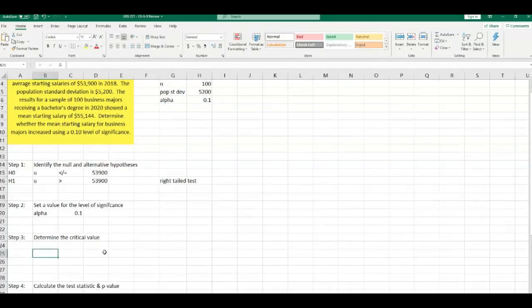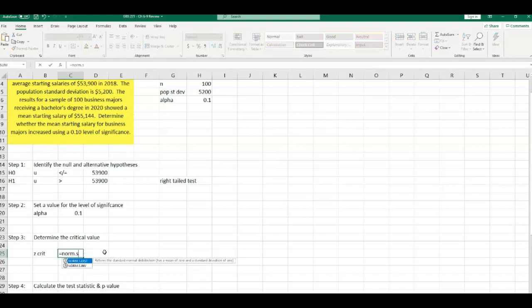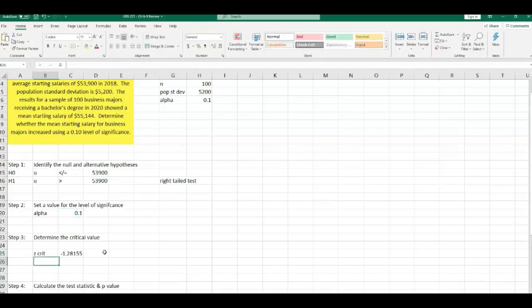So now our critical value, right? This was just a z-score. And if we remember, we did norm.s.inv, and we just put in our alpha. And that comes back with this negative 1.28. Now, it's a right-tailed test.